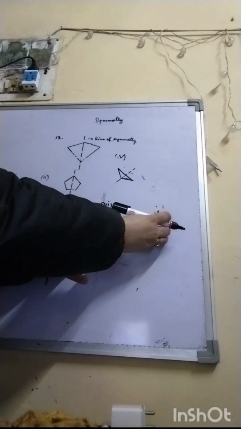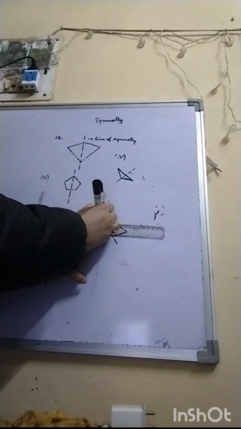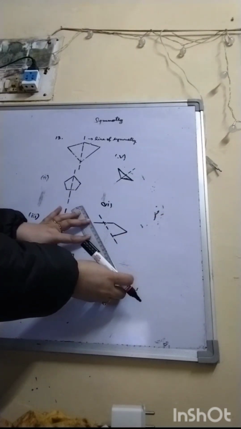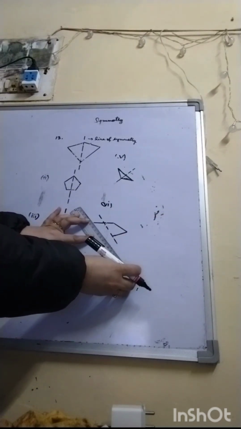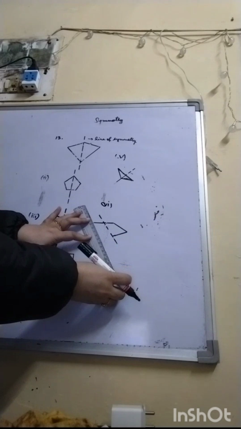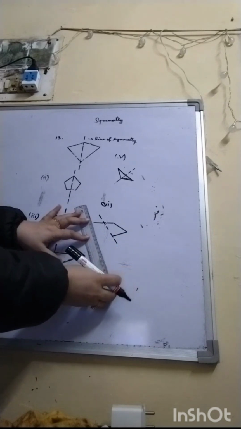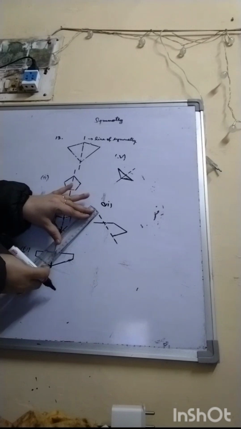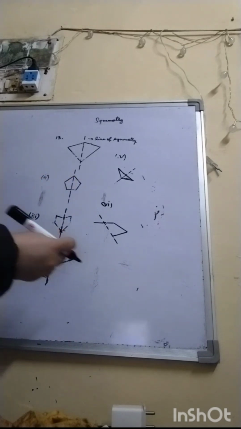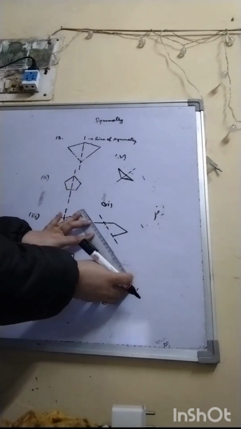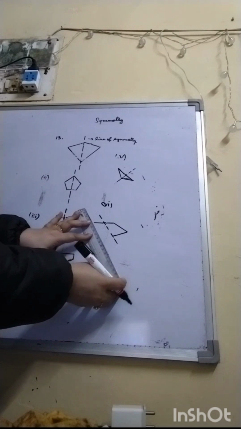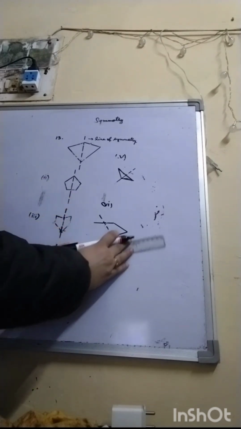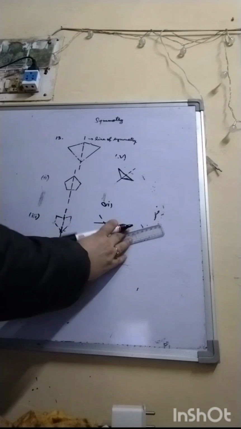So first the horizontal 2 dots, then we have somewhat like we make it here.